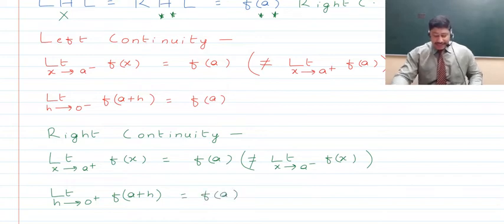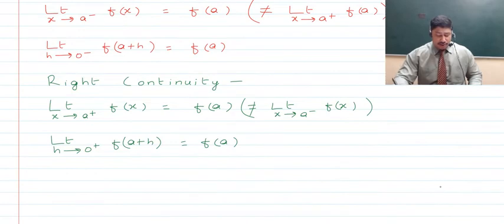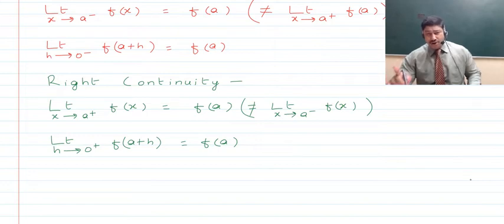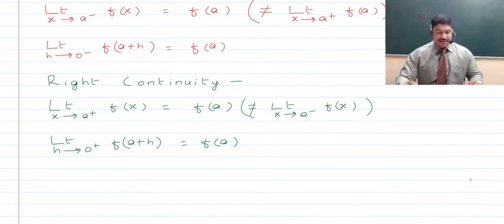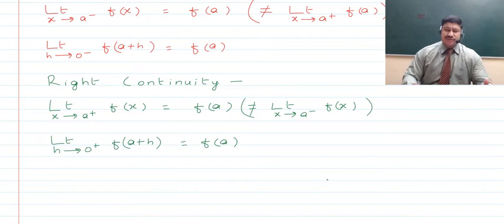That is, the right hand limit should be equal to the value of the function at a. So the function is not continuous at a, but it is right continuous at a if the right hand limit is equal to the value of the function at a, but is not equal to the left hand limit. So these are the definitions of these concepts.